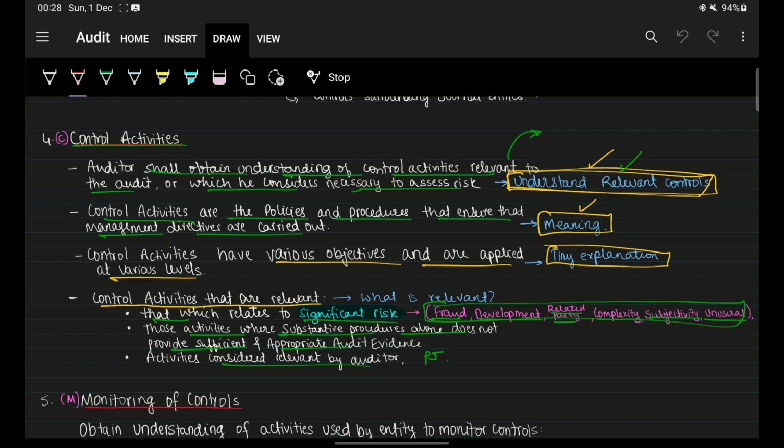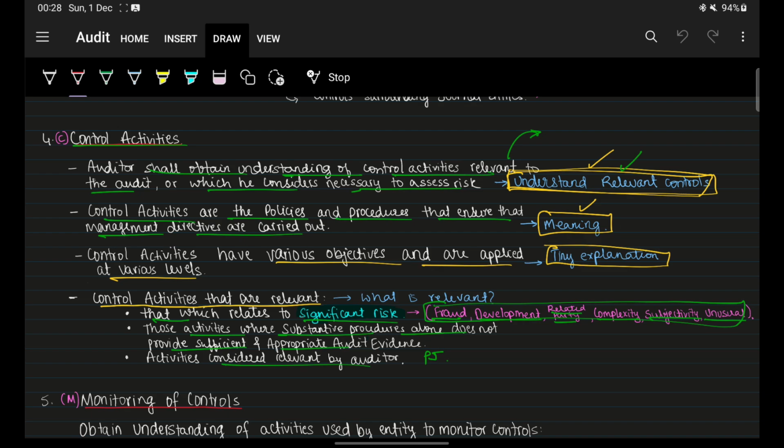The first point was understanding the relevant controls. The second point was the meaning, which is that control activities are policies and procedures that ensure that management directives are carried out. The third point is a tiny explanation saying that control activities help achieve various objectives and are applied at various levels. The fourth point talks about what is relevant, with three subpoints.